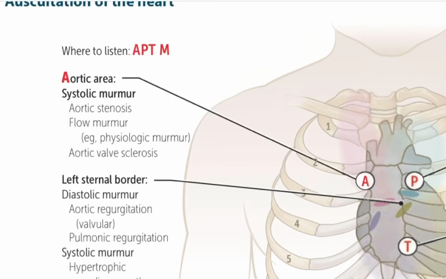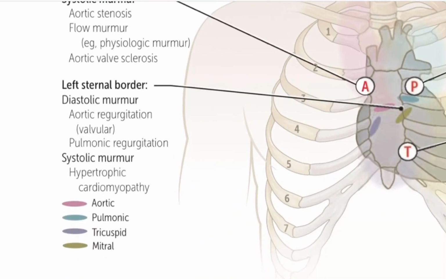Now talking about the left sternal border, we hear two types of murmur, that is diastolic murmur and systolic murmur. In diastolic murmur we have aortic regurgitation and pulmonic regurgitation. Is it clear?